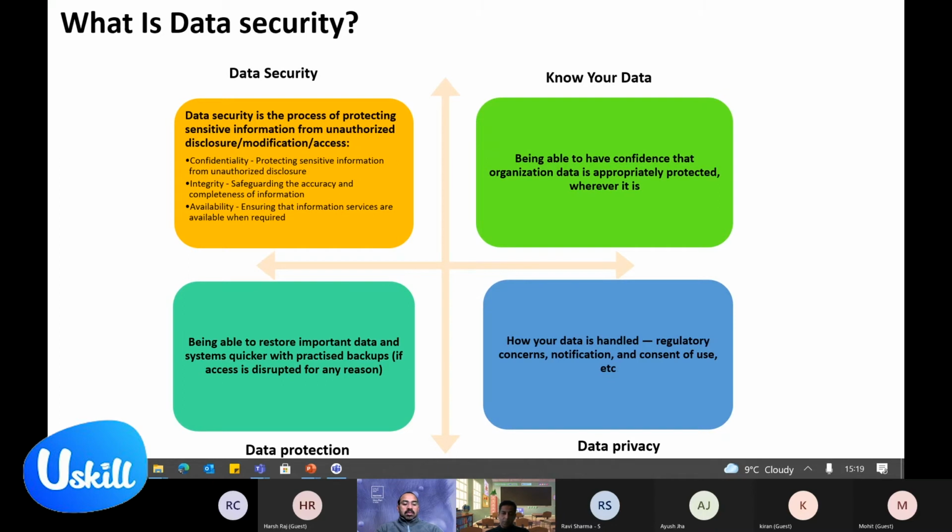If you have all these answers, you will very easily understand the goals and objectives of data security: what actually you have to protect, from where you have to protect, and from whom you have to protect. All these questions will come in front of you, and you can answer according to the responses you get from the different sources.